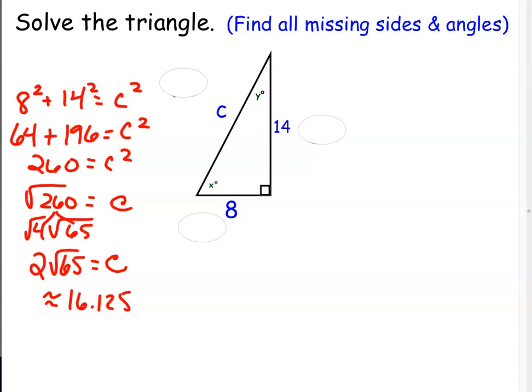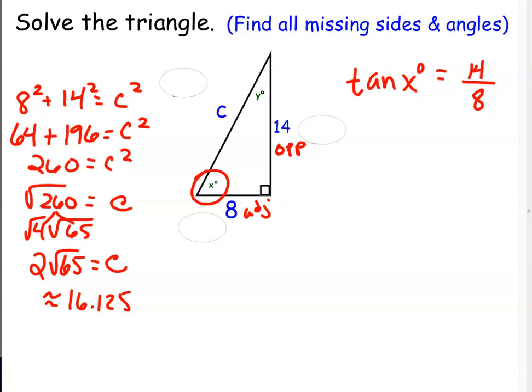Okay. But we don't actually need to use that side to find our angles. We can use the two sides they gave me. So if I'm finding x, this one would be adjacent, and this one would be opposite. So which trig function uses those two? Opposite and adjacent. Tangent. So we can say that the tangent of x is opposite over adjacent, 14 divided by 8.